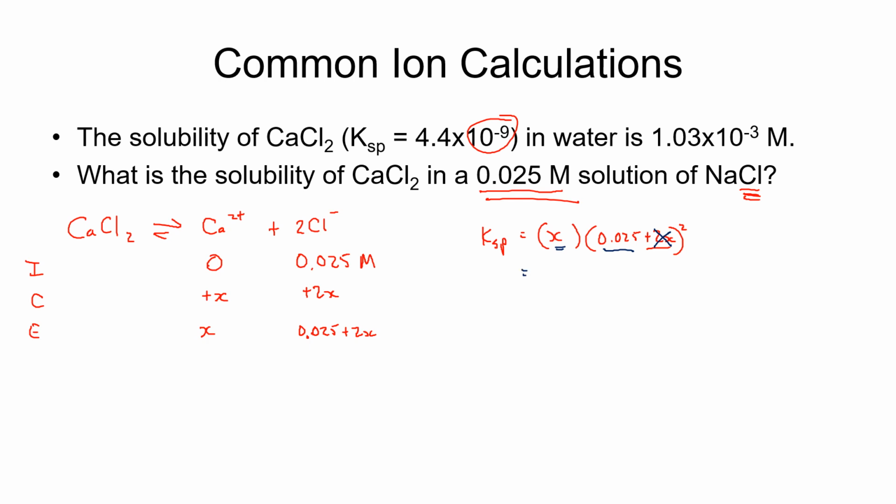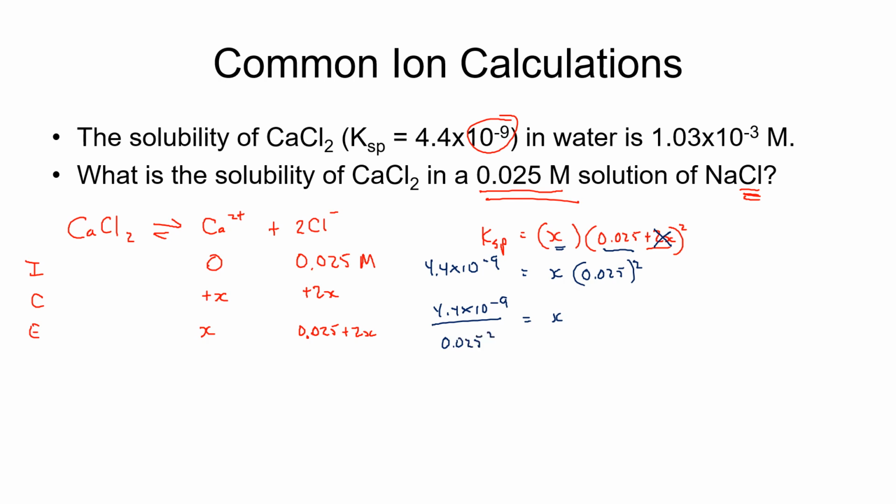So you end up with the 4.4 times 10 to the negative 9 over here. We have the x, and we have 0.025 squared. And so we can solve for x pretty easily just by dividing 10 to the negative 9 by the 0.025 squared.